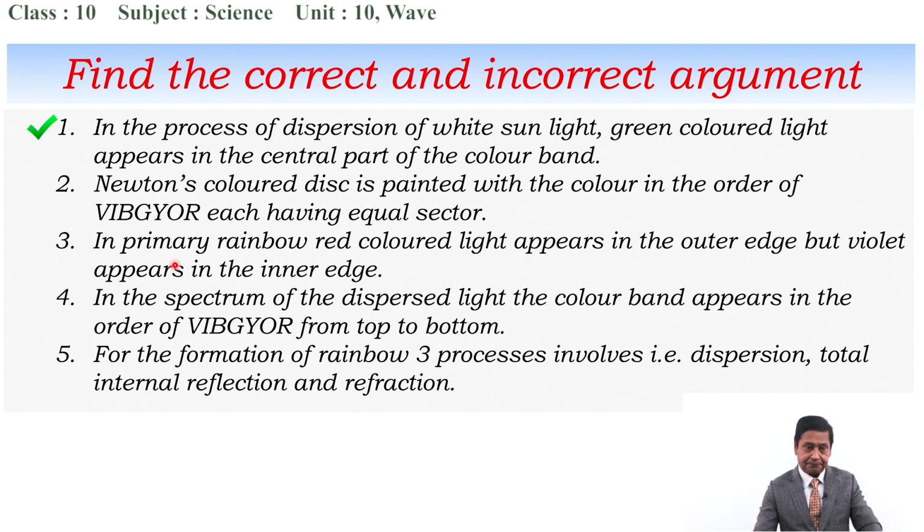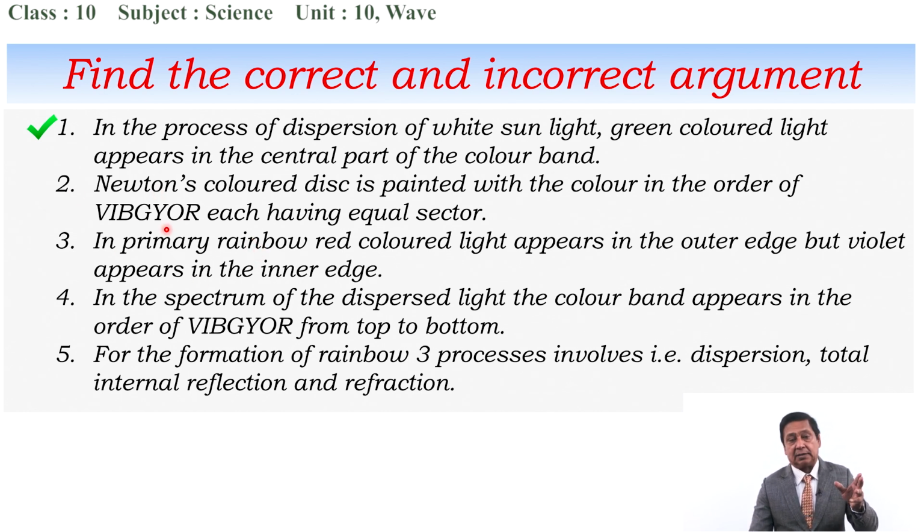Now next. Newton's color disc is painted with the colors in the order of V, I, B, G, Y, O, R. Yes. Each having equal sector. Is it? No. These colors should be painted in proportion to their presence.